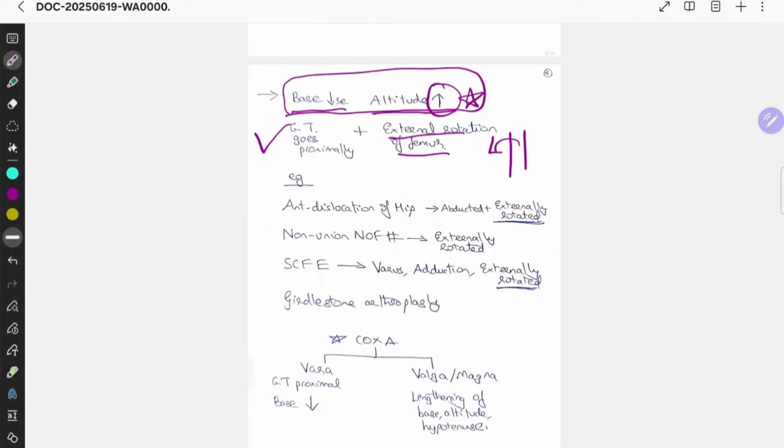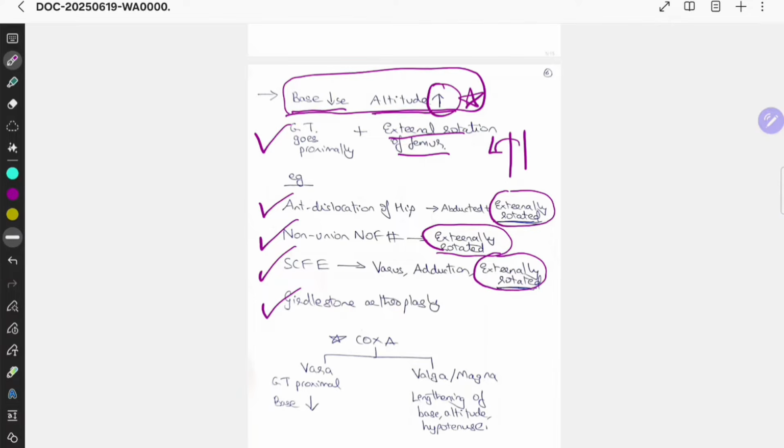Most common condition, anterior dislocation of hip. Most common conditions showing this kind of picture are anterior dislocation of hip, non-union neck of femur, scurvy, Girdlestone arthroplasty. So in anterior dislocation of hip, the lesser common presentation of dislocation of hip, there is external rotation usually, right? In non-union neck of femur, there is external rotation. In scurvy, there is a combination of varus, adduction and external rotation, and in Girdlestone arthroplasty.